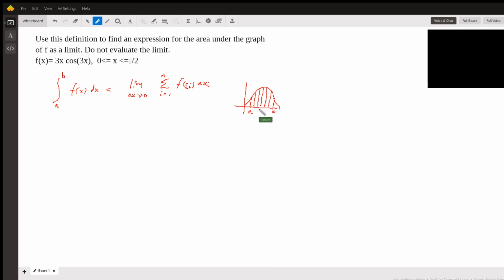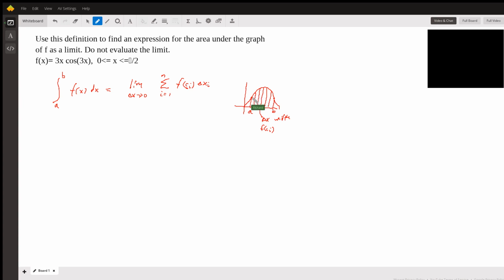Delta x is the width of the rectangle, and the height is f of c sub i. You could use the left hand, the right hand, or the midline, but basically you'd be breaking this into rectangles.